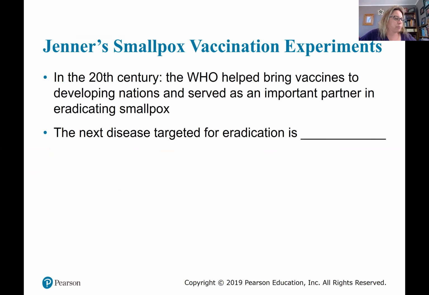There were also groups of Hindus that were upset because the cow is sacred to their religion and they were using cattle for the vaccination process, and they didn't want to inject cattle parts into them. And there's always been some controversy based on whether or not we should be vaccinating people or not.